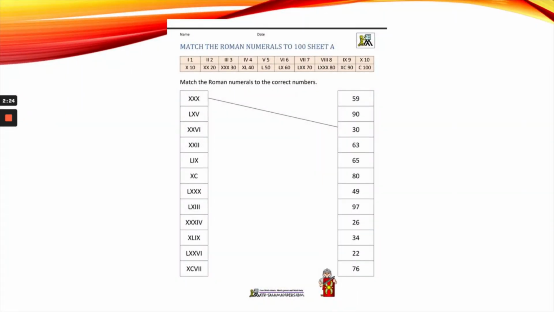Now next, match the Roman numerals. It is our last exercise. Okay, X X X. So this is 30. It's done. LXV means L means 50, X means 10, and what is the V? V is 5.